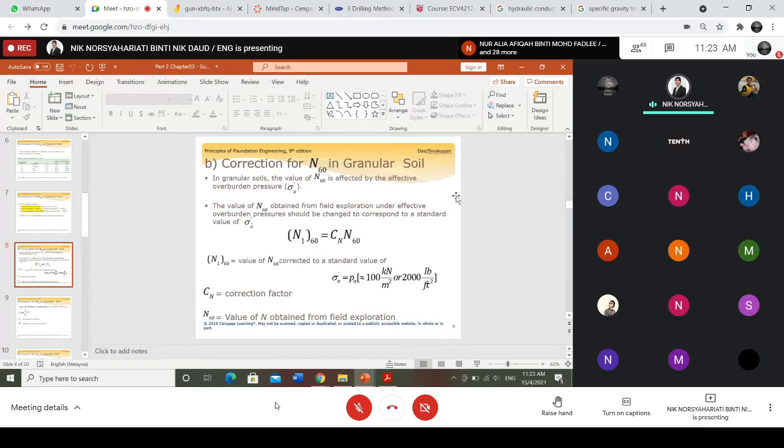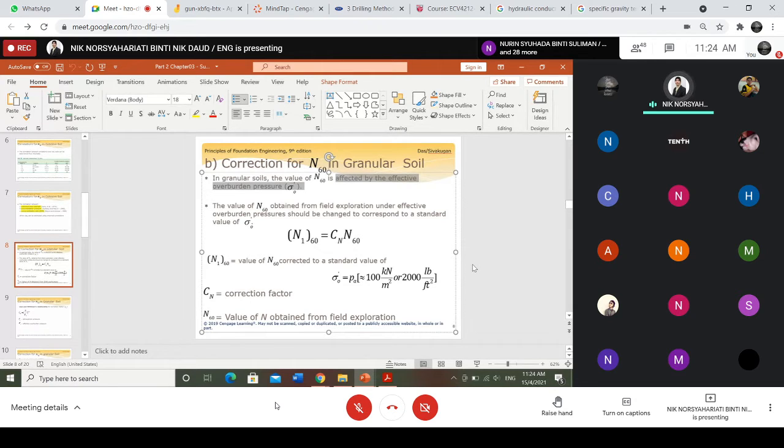But for the granular soil, there's a correction because it's affected by the effective overburden pressure. All right. So for this part, you have this equation that can be used in order to correct the value of your N60. Then after that, you can carry out the next calculation.